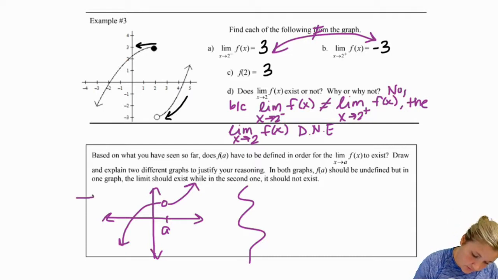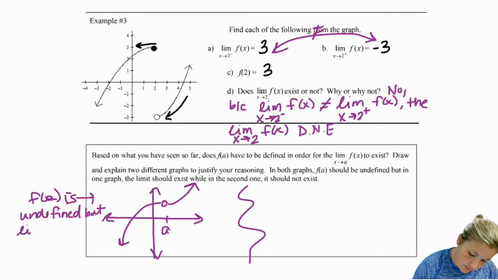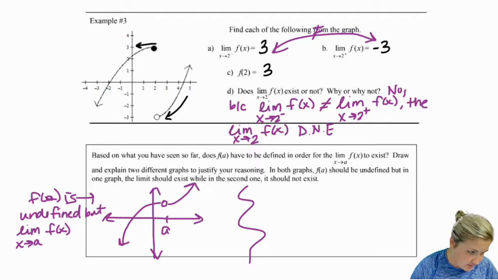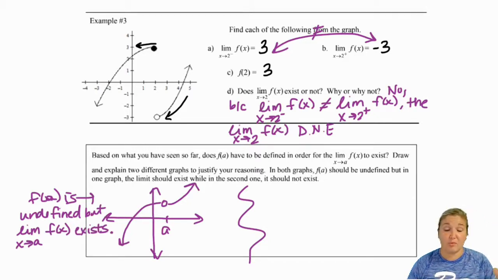So on this one, f of a is undefined, but the limit as x approaches a of f of x does exist. Okay, because it's approaching the same number. Even though we have a hole there, it's still approaching the same number, and that's what we're trying to get at.